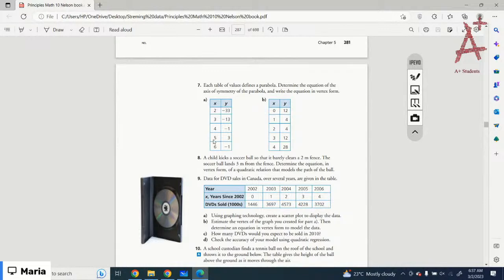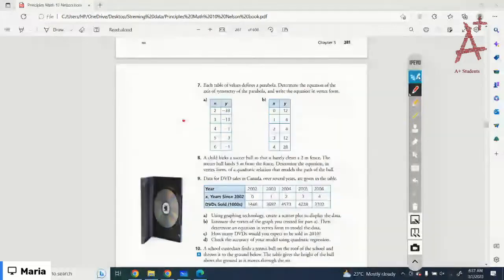That means the axis of symmetry is x equals 5 and the vertex is (5, 3). For question number 7a, this is the vertex (5, 3) because the y values on either side of this point are exactly the same. Just look at this one. So that is the vertex. The vertex is (5, 3) and the axis of symmetry is x equals 5.